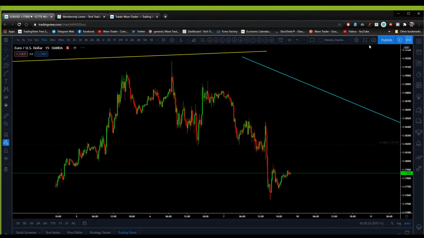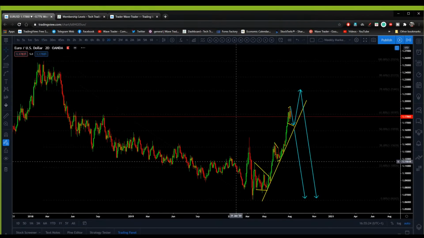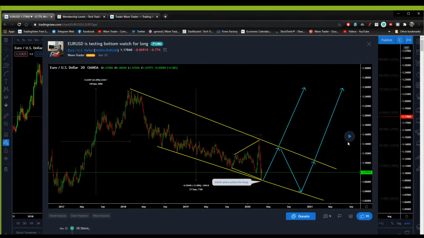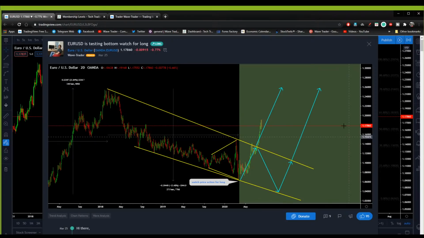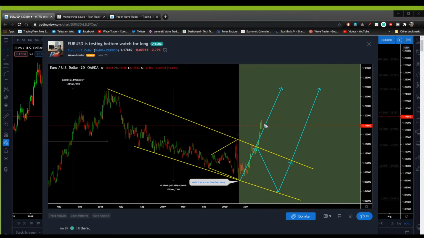All right, so euro dollar is very much the same. If we look at the bigger time frame analysis, we were looking for it to reverse from the bottom, now correct over there and stay trending for upside or fall back to these lows again. A kind of neutral analysis on the euro dollar also.